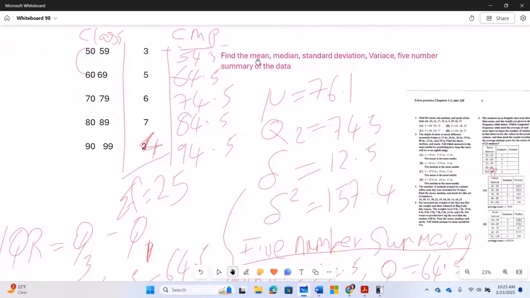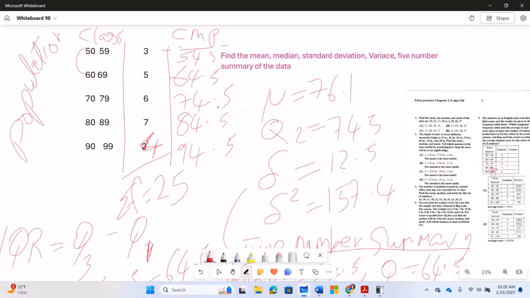Let's see. We are told to find the mean, the median, the standard deviation, the variance, and the 5-number summary of this data. And the data is a population. This is population data. In other words, all the statistics we find, all the one variable stats, are parameters.